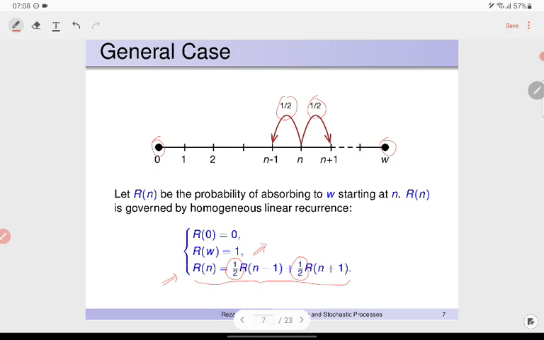So we can rearrange this to become 1/2 Rn plus 1 is equal to Rn minus 1/2 Rn minus 1. So this now becomes more natural. Therefore, Rn plus 1 is equal to 2Rn minus Rn minus 1. So this is now our recurrence.